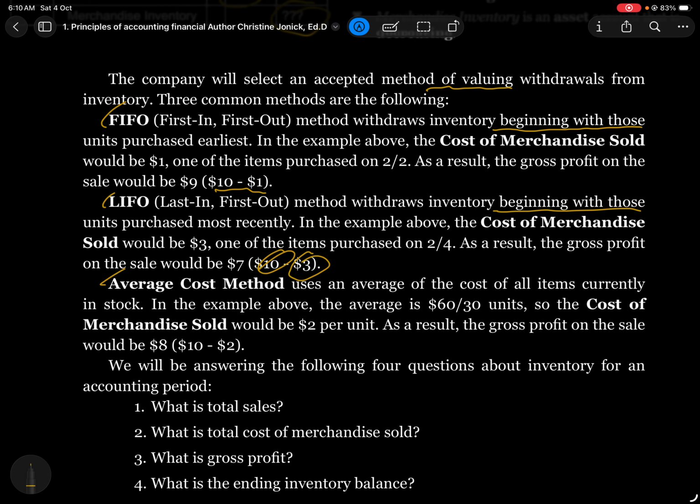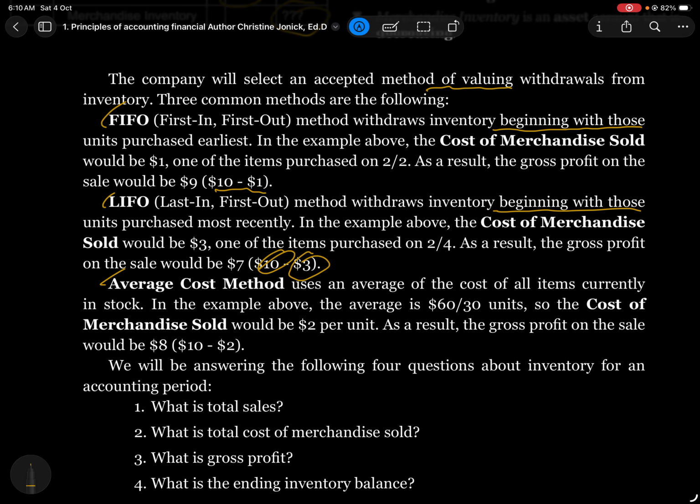So in an increasing market price, FIFO would provide a higher profit, right? In a decreasing market price, LIFO would provide a higher profit, right? Okay, and that affects the taxability side of things as well.